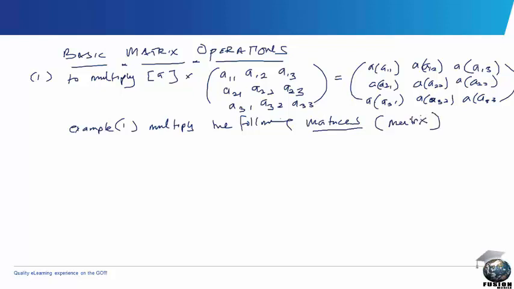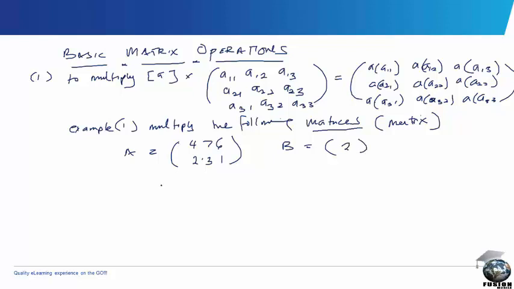So we are given matrix A to be equal to 4, 7, 6, and then 2, 3, 1, and matrix B to be equal to a single value matrix, say 2.